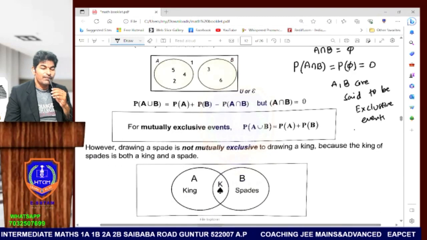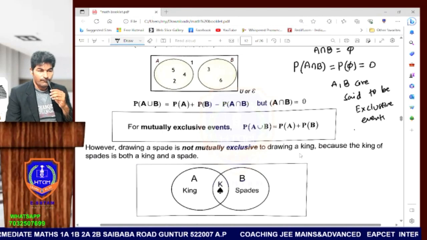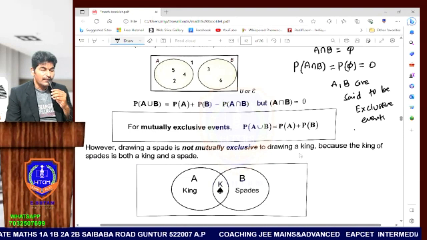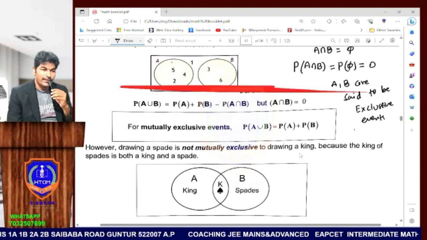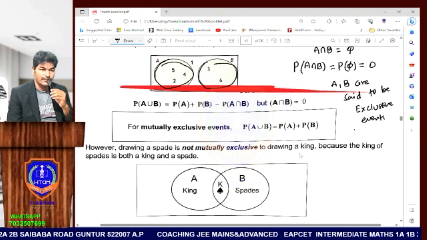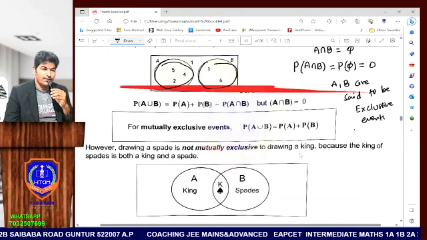If A, B are exclusive events, then we define the addition theorem. Look at these 2 sets. These 2 sets are not joined. So they exist separately.